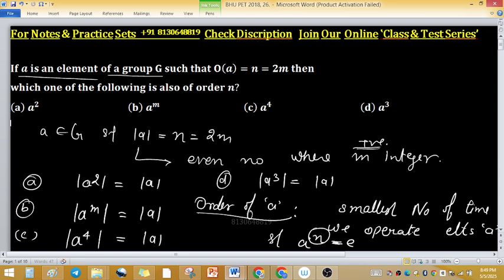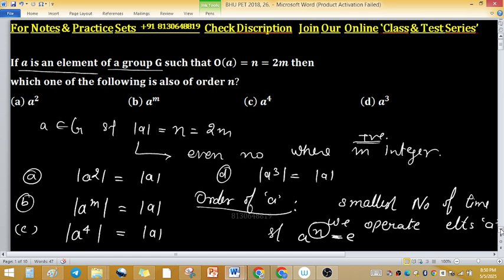This n is the smallest number, meaning the first time a power of A gives you the identity, that power is the order. With respect to multiplication we say power, or with respect to addition you say multiple. This is just a small difference of notation.